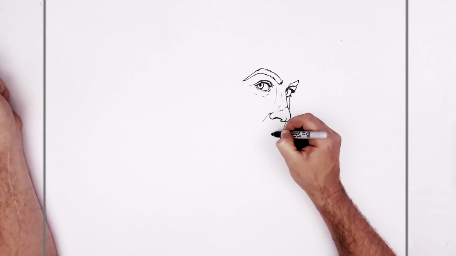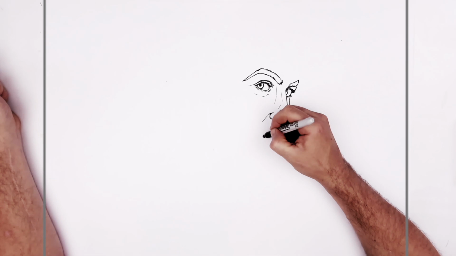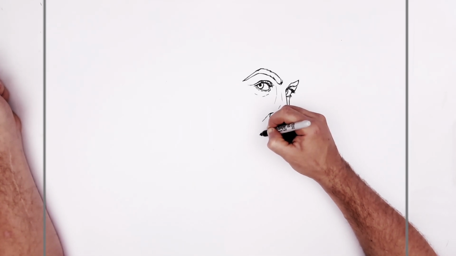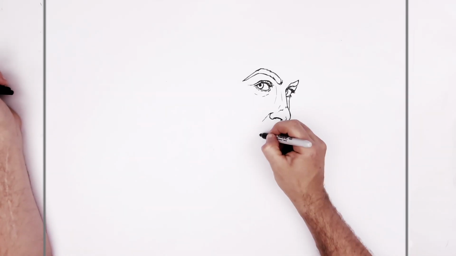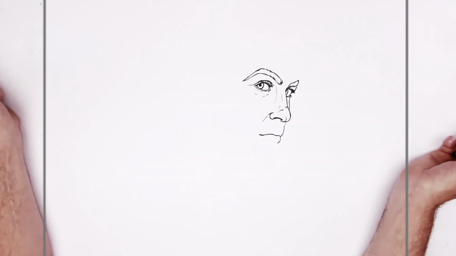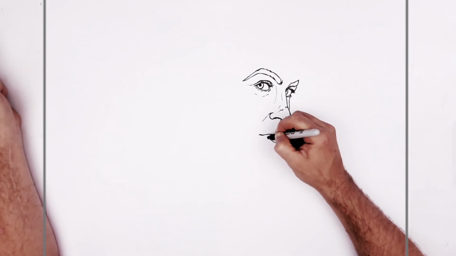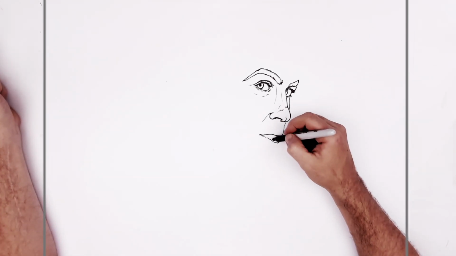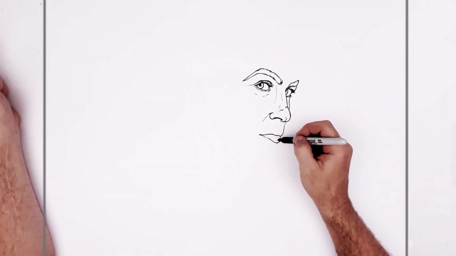Standard sort of mouth shape like that. He's kind of smiling a little bit, so it comes up here. Like so. And then the bottom lip swings around. It's quite a low sort of bottom lip. It comes down quite low there.